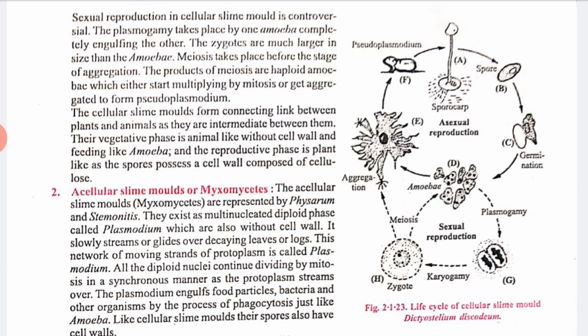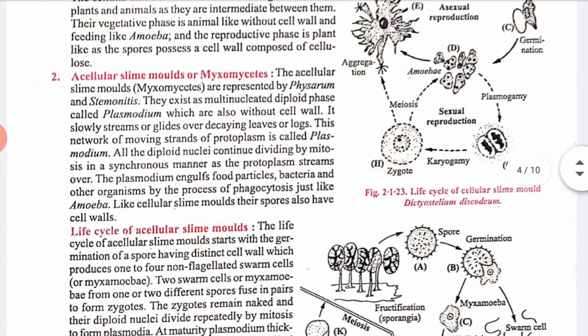After the formation of karyogamy, the zygote is formed and meiosis takes place. After the zygote formation the meiosis process takes place, and that forms the aggregation, and at last the pseudoplasmodium is formed. Clear? So this is all about the cellular slime mold, both the cycles, asexual as well as sexual reproduction.